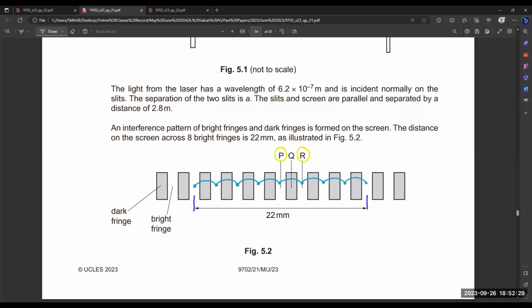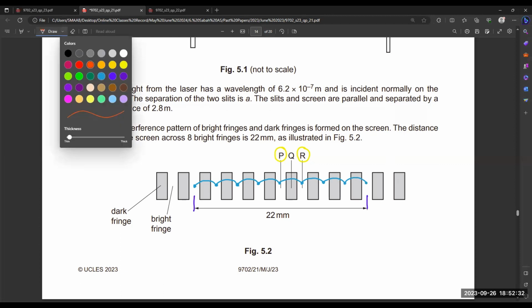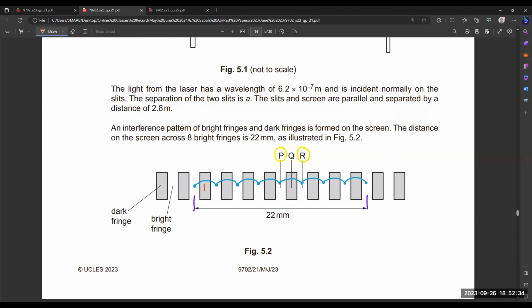So this is the pattern. So basically we have to count the numbers 1, 2, 3, 4, 5, 6, 8. So basically there are a total of 8 dark fringes, right? Between 22 millimeter. And how many bright fringes are there?